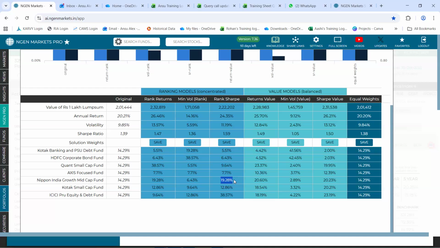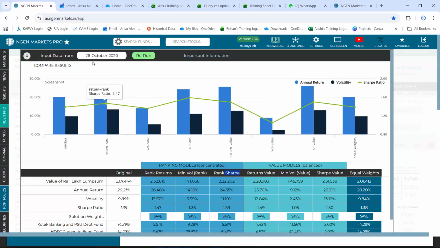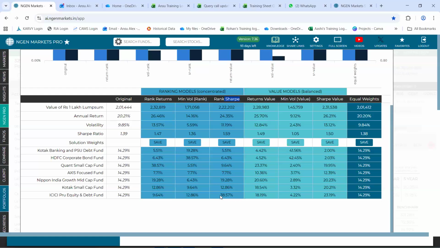Again, the understanding is exactly same wherein since the objective is to maximize the Sharpe ratio, we calculated the Sharpe of all these schemes that form a part of this portfolio for a time horizon of 5 years, and basis that we determined that the best Sharpe ratio was generated by iPru Equity and Debt Fund. Hence, it got an allocation to an extent of 38.5%.